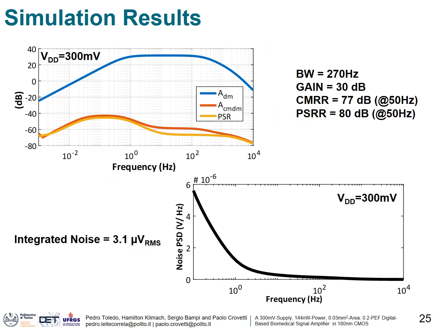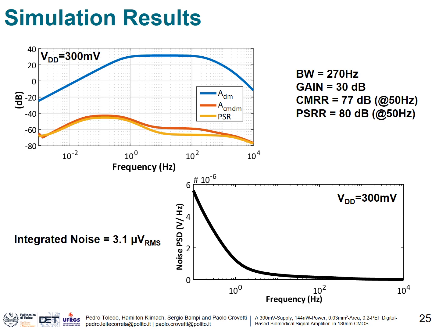The transfer functions from differential input to output, supply voltage to output, and common mode input to output can be seen in the top plot here, where a bandwidth of 270 Hz, a common mode rejection ratio of 77 dB and a PSRR of 80 dB have been reached for the mid-band frequencies.